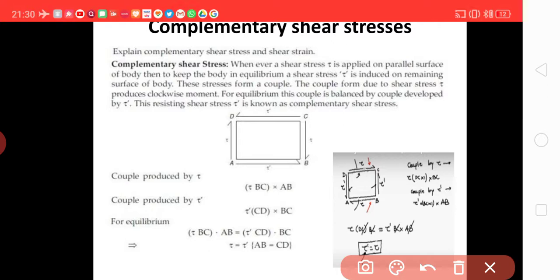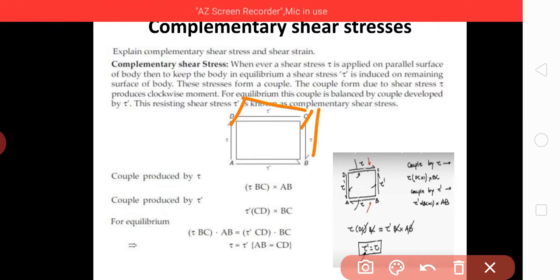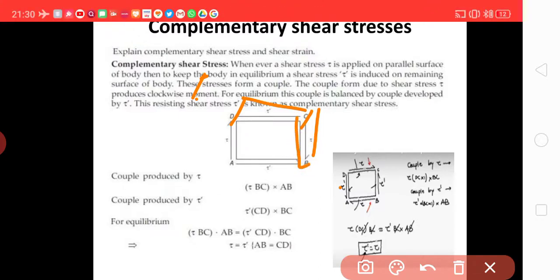We have taken the width as unit width, 1, and the dimensions are AB, BC, CD and DA. So the area of the face BC is 1 into BC.